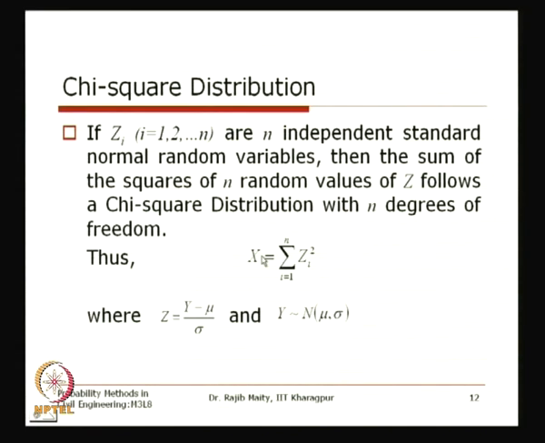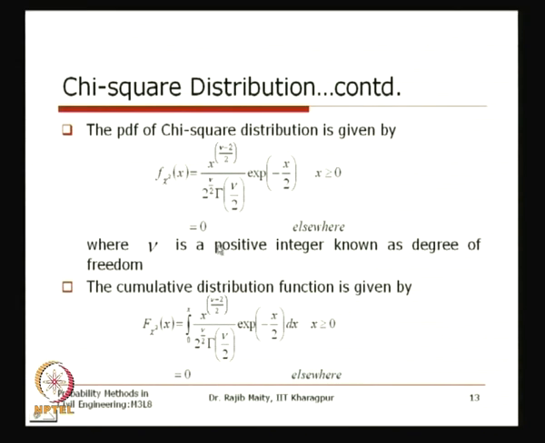Now, the PDF of the chi-square distribution is f chi-square of x equals x power (nu minus 2) by 2, divided by 2 power nu by 2 times gamma of nu by 2, times exponential of minus x by 2, for x greater than or equal to 0.